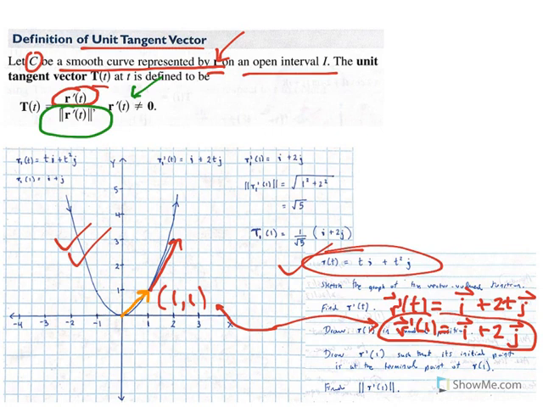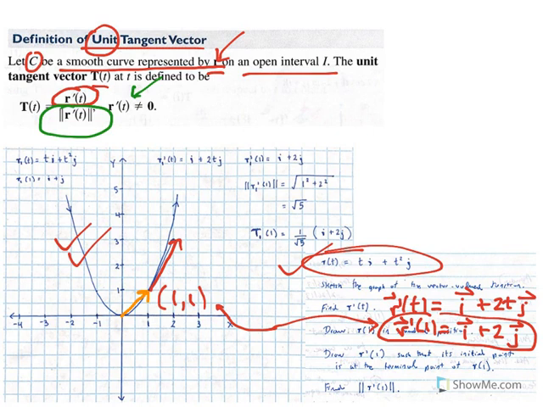So this is called a tangent vector, but here we're defining a unit tangent vector. The difference between a tangent vector and a unit tangent vector is that a unit tangent vector has a magnitude of 1. So how do we make sure that we will get a unit tangent vector?